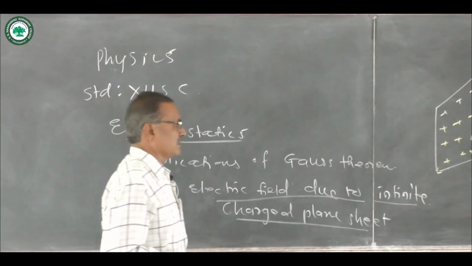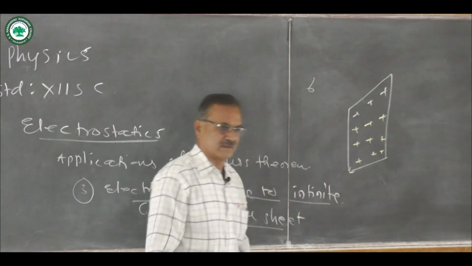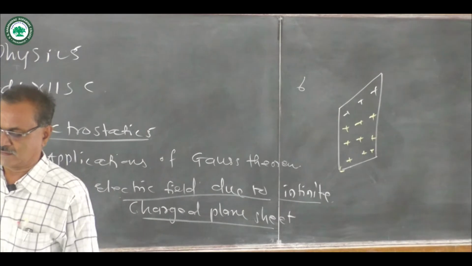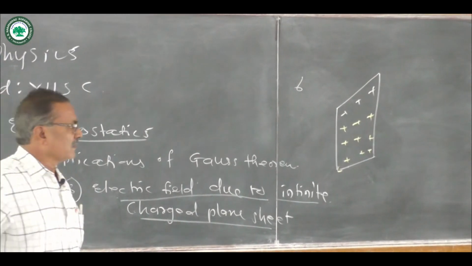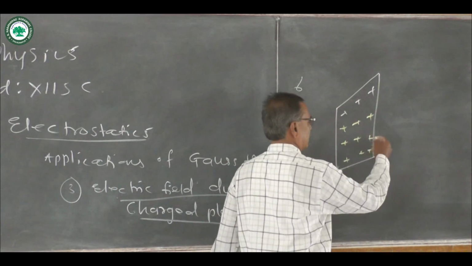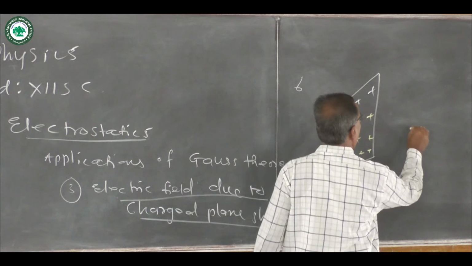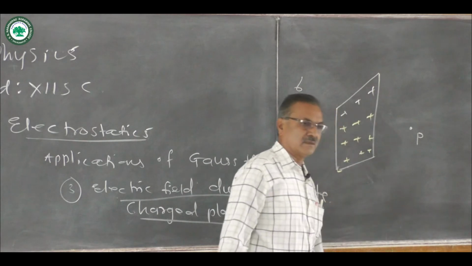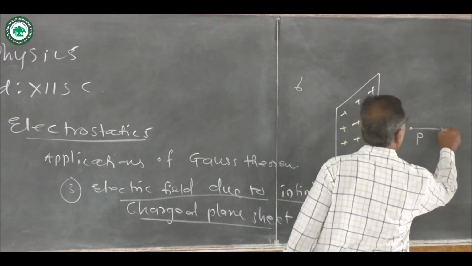Then its surface density is sigma. Sigma is nothing but charge per unit area, that is the surface density. The sheet is perpendicular to the electric field. Suppose here a point P has the electric field intensity E.